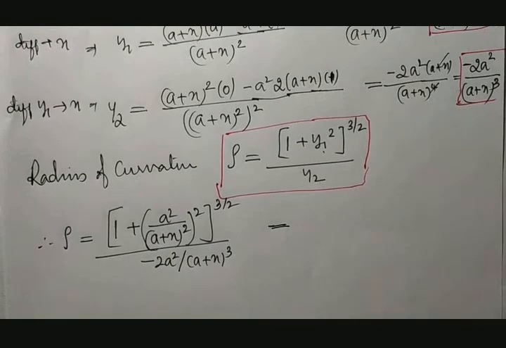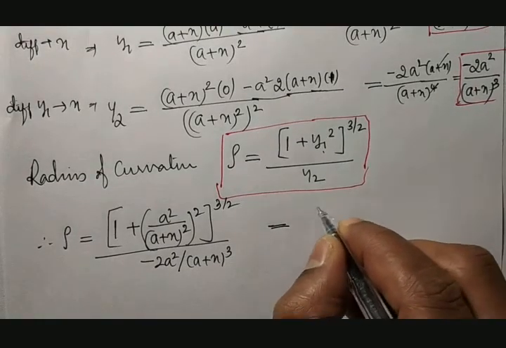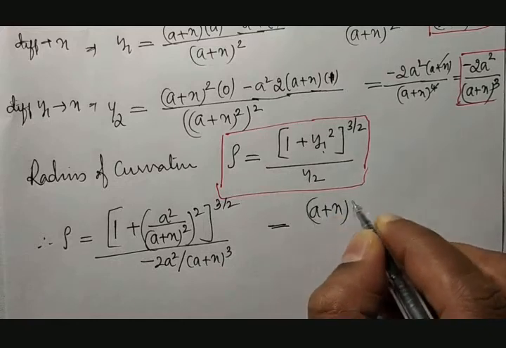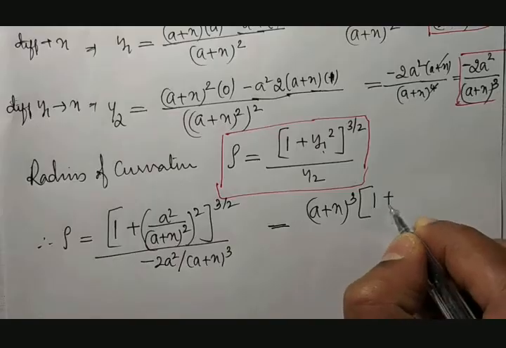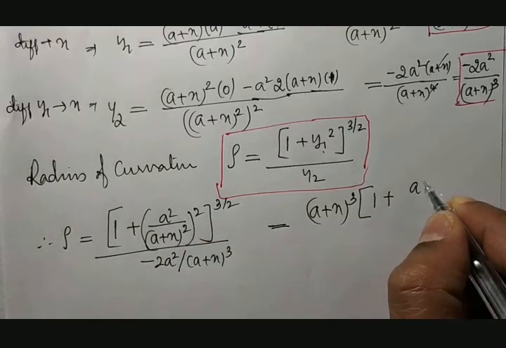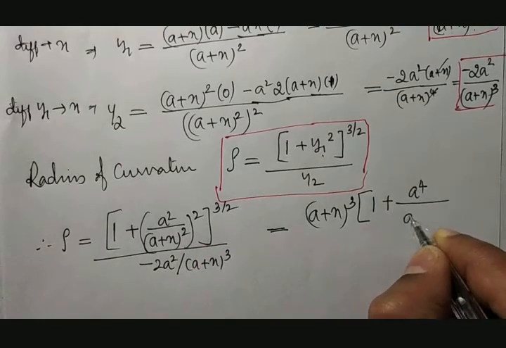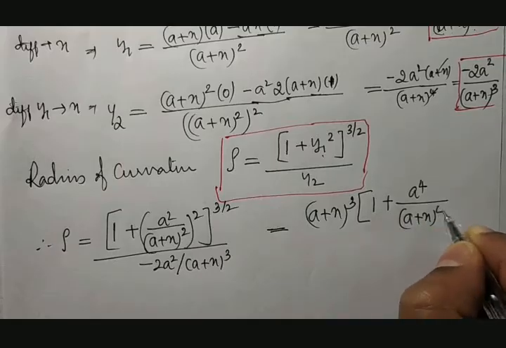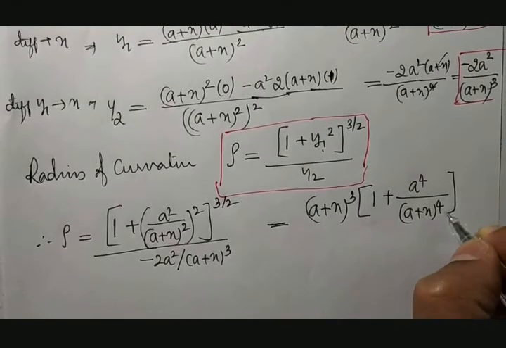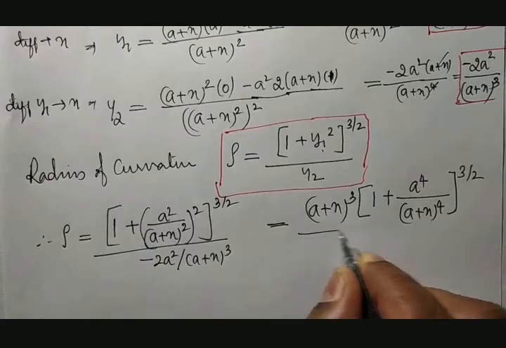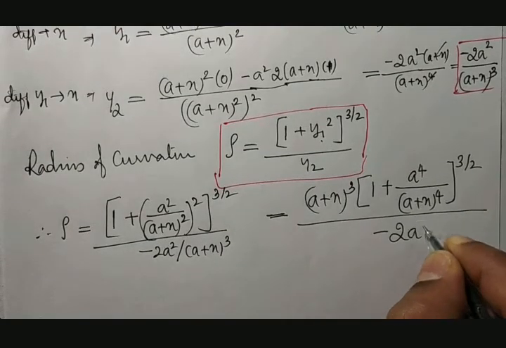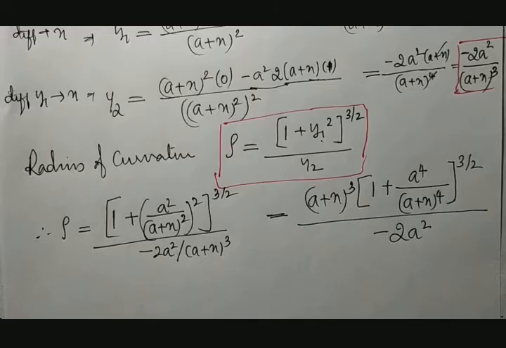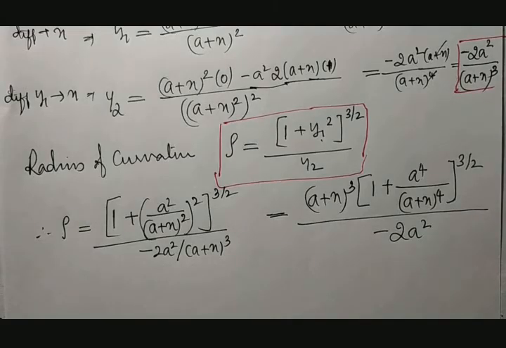So a plus x the whole cube comes to the numerator. Then it is 1 plus, now it becomes a raised to 4 divided by a plus x raised to 4, that raised to 3 by 2. This whole thing divided by minus 2a square, which is equal to rho.